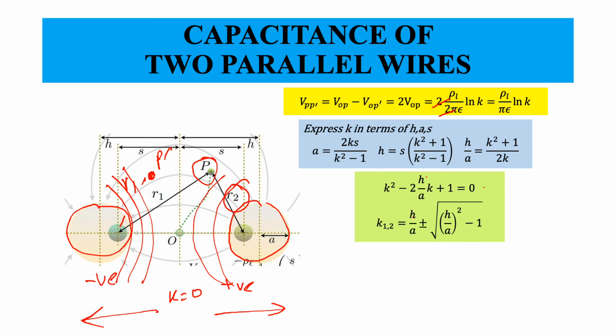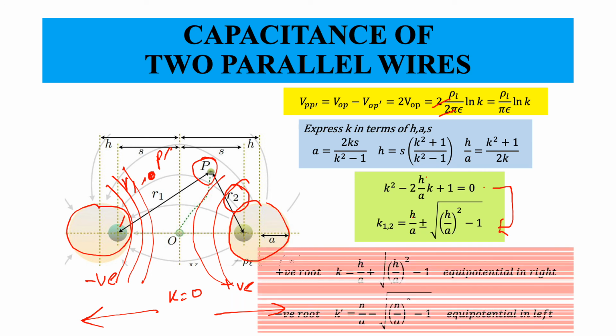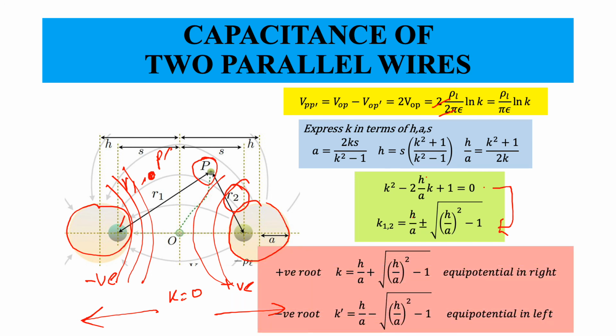We get K in terms of A and H, and it is a quadratic equation. When we solve it, we have two solutions, one positive root and another negative root. The positive root, with the plus sign, corresponds to the equipotential on the right side, and the negative root corresponds to the equipotential on the left side. Just to indicate, this is K and this is K dash.